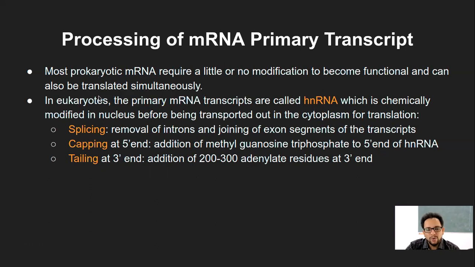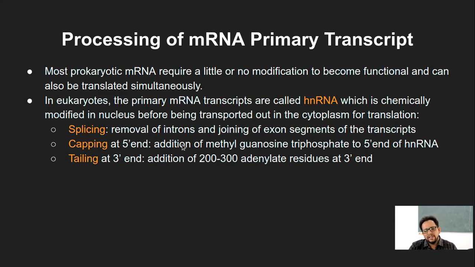But in the case of eukaryotes, these primary mRNA transcripts, which are called hnRNA, heterogeneous nuclear RNA, need to be modified chemically in the nucleus itself before they are transported out to the cytoplasm for the protein synthesis process, that is translation. And what are those changes?